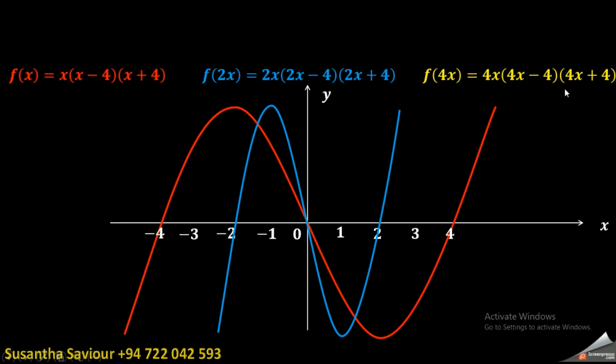So what happens here is, in the new graph, these x coordinates will be divided by 4. So this minus 4 is divided by 4, then it will become minus 1. This plus 4 is divided by 4, it will become plus 1. 0 divided by 4 is 0 itself. Then our new graph will be this.